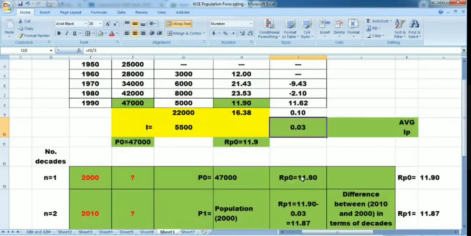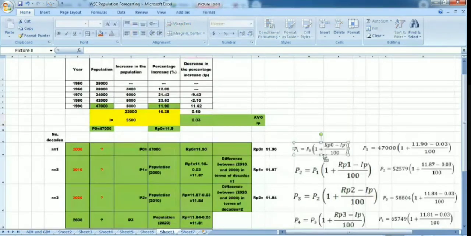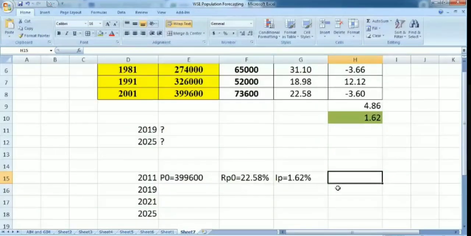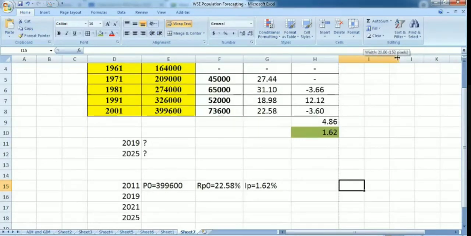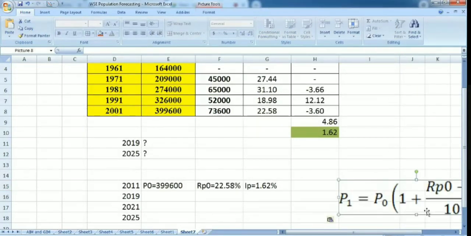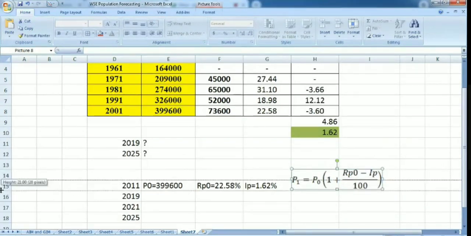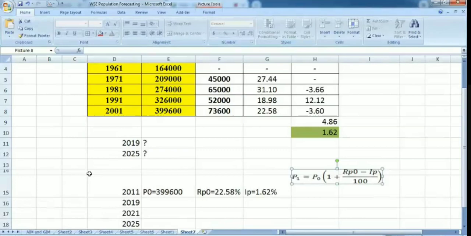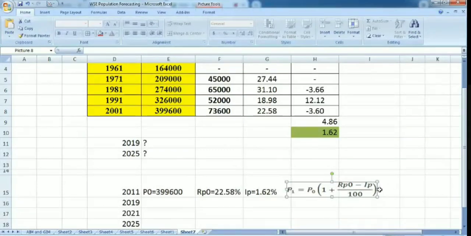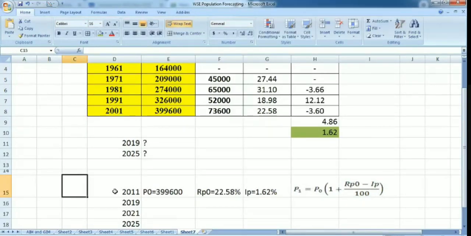What are the formulas we have used? We have used this particular formula. Using this, can you calculate, because n is equal to 1? Okay, you are calculating it for this.